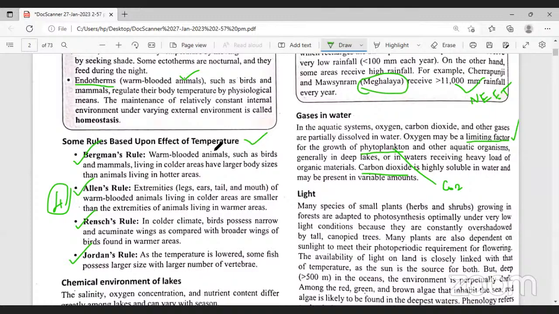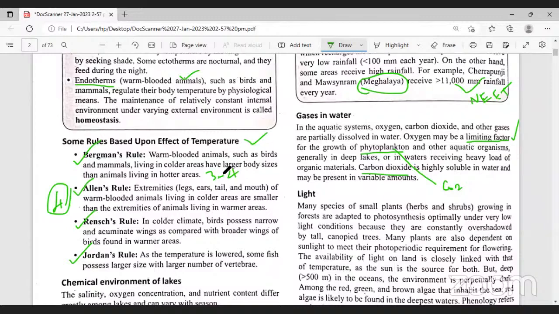Which area? Warm-blooded animals such as bats and mammals living in the colder area. Colder means minus degrees Celsius. So how do they maintain their body temperature? Because of their large body size. This is also asked. Why is the body size very large in colder area animals, they may ask, because of the deposition of fat of 3 to 4 inches.